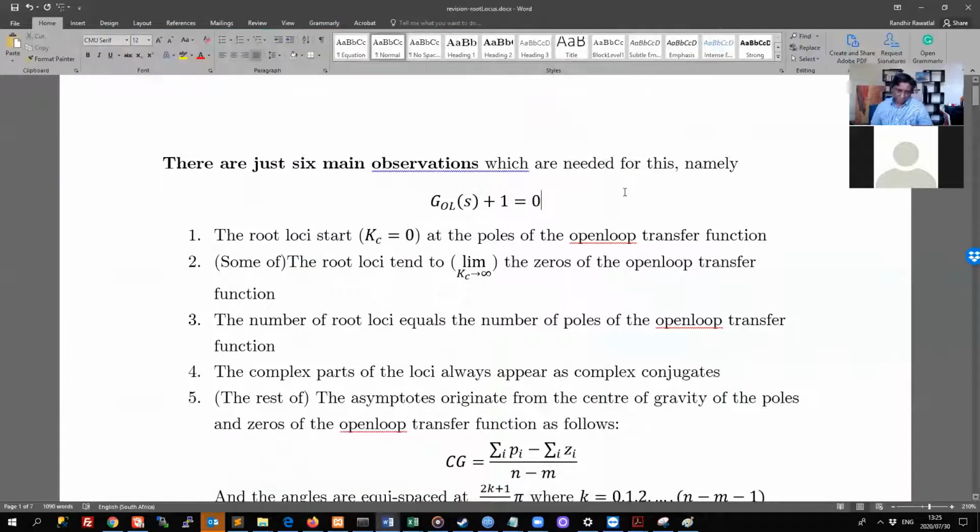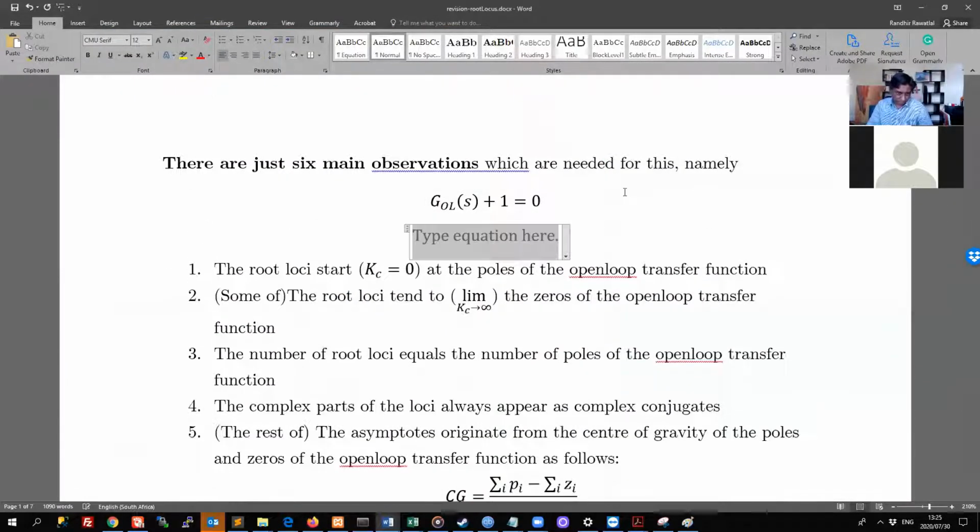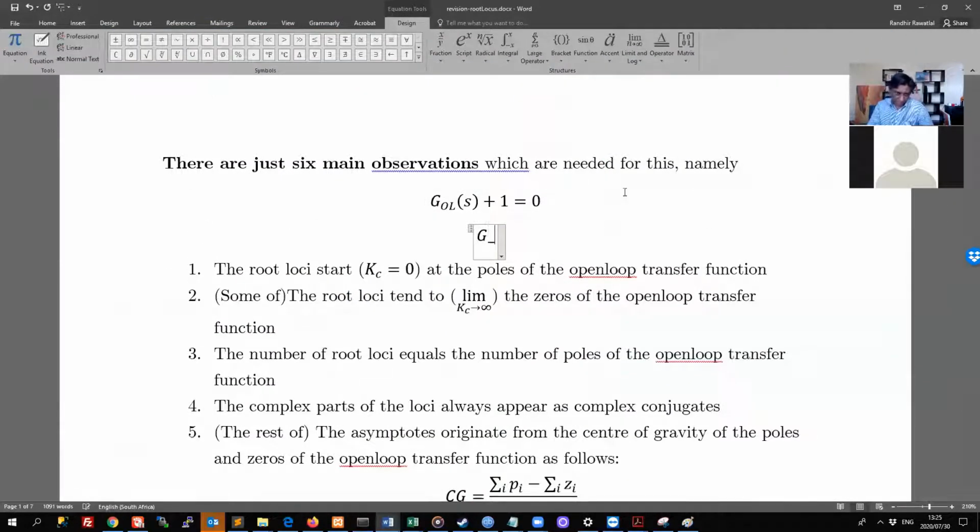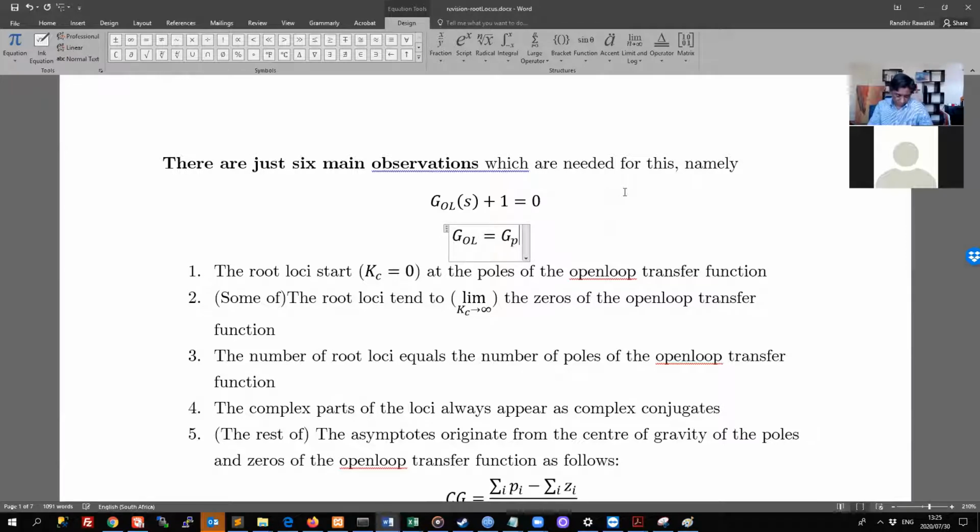So our G open loop, remember, is going to be the product of the process and our control function U. So GP and U, with U being our control function, that depends on our choice of controller.